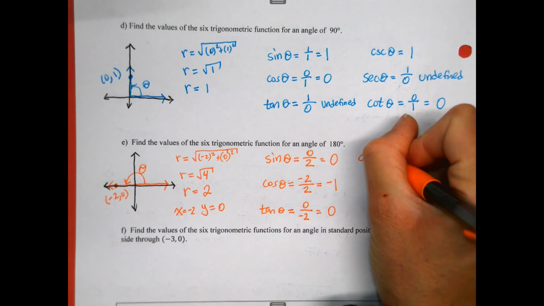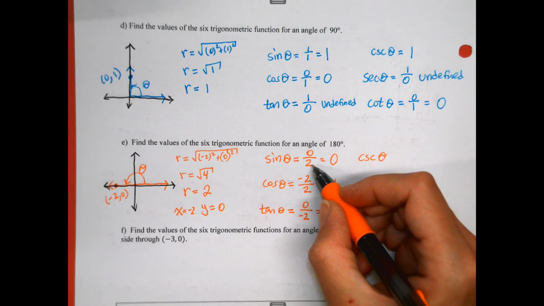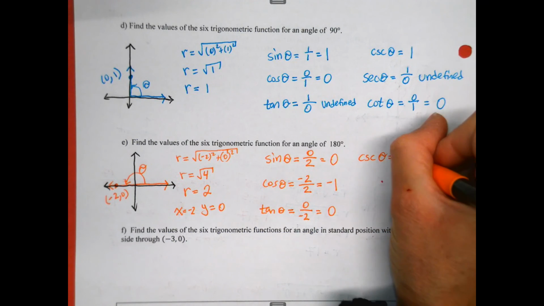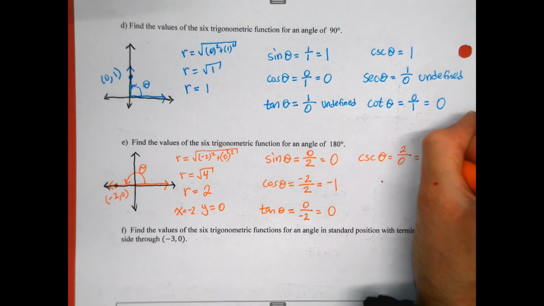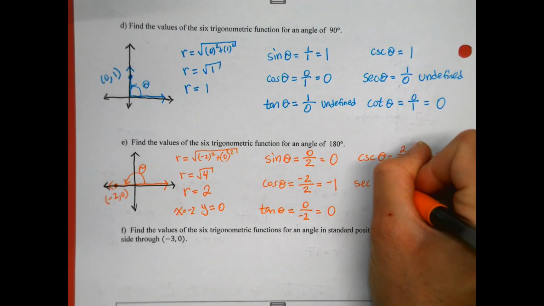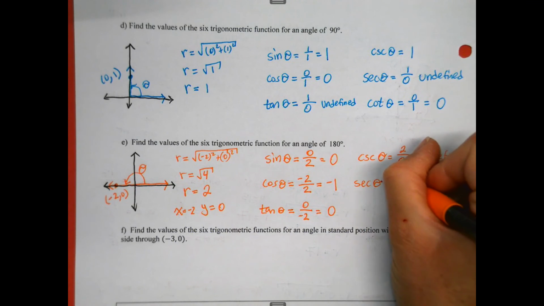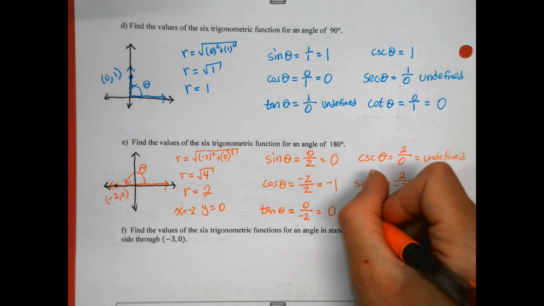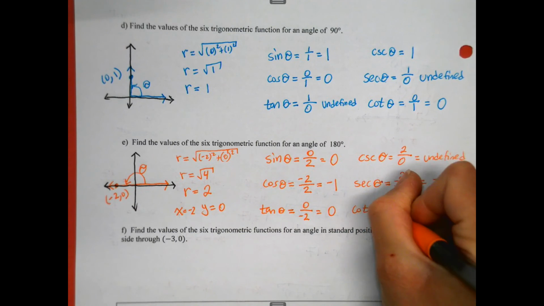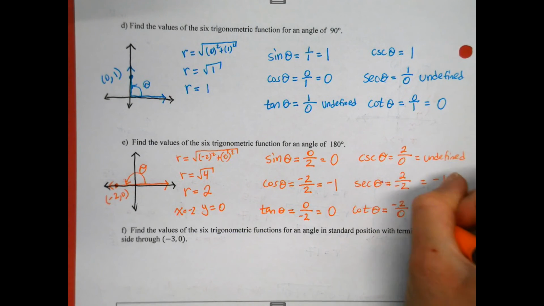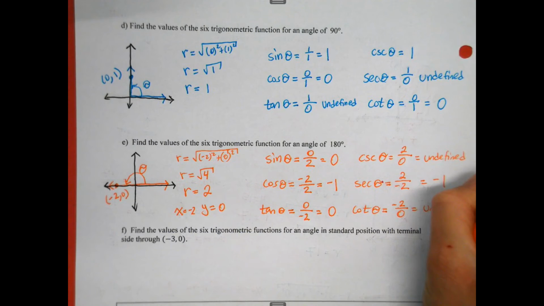The cosecant of theta, the reciprocal, or we could say it's r, which is 2, over y, which is 0. So it is undefined. Secant of theta is going to be r of 2 over x of negative 2, which is negative 1 simplified, and cotangent of theta is x over y, negative 2 over 0. It is also undefined.